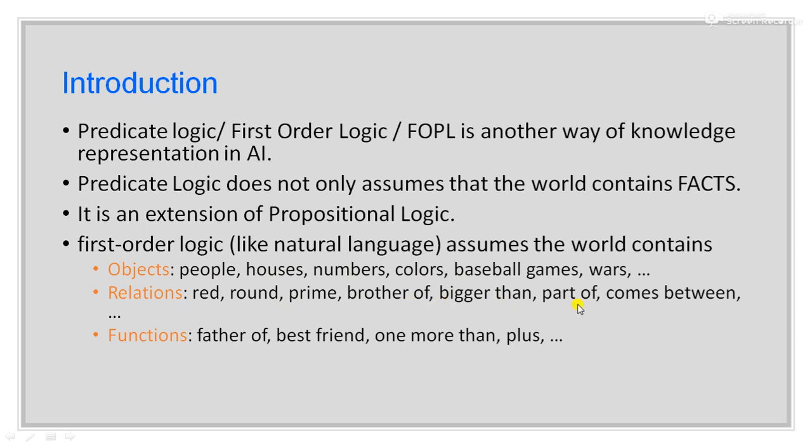And functions, like father of, best friend, one more than, plus. The sentences we formulate using predicate logic have objects, relations, and functions. It can be easily understood using an example that we will discuss further.